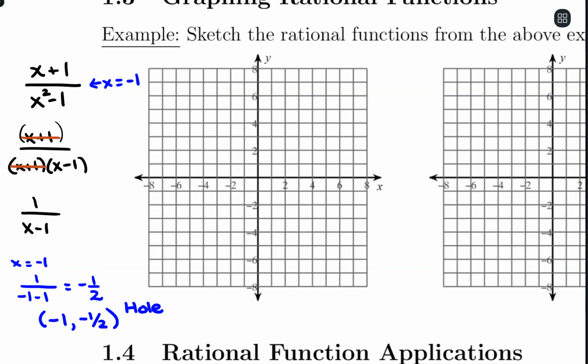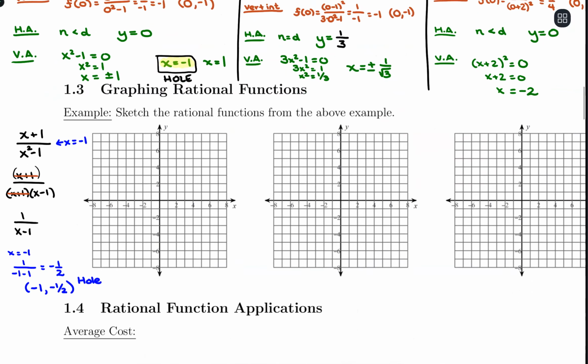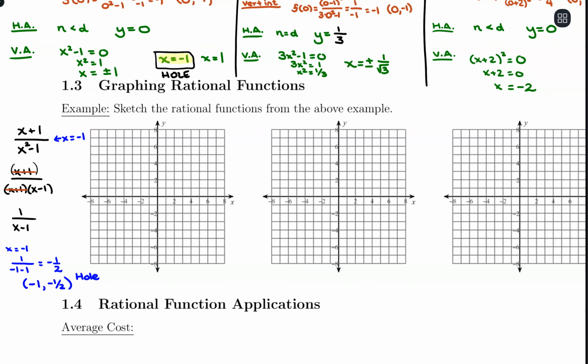So what I'm going to do is the fact that that zero and that vertical asymptote lined up, I'm actually not going to have any zeros for this graph. That was not a mistake, but it was kind of extraneous information that we can't show because actually we're undefined there and we're showing a hole in the graph at this negative 1, negative 1/2.